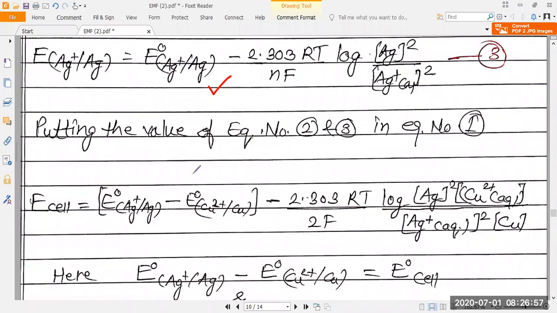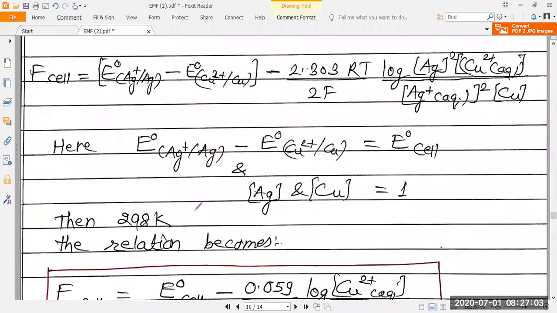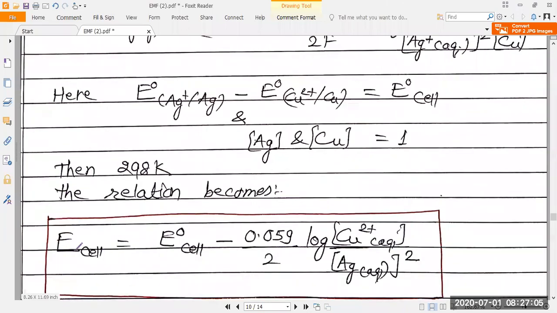Now putting the values of both equation number 2 and 3 in equation number 1, we get this value, and this is the final equation to find the electrode potential of the cell in which the valencies of both the electrodes are not the same.